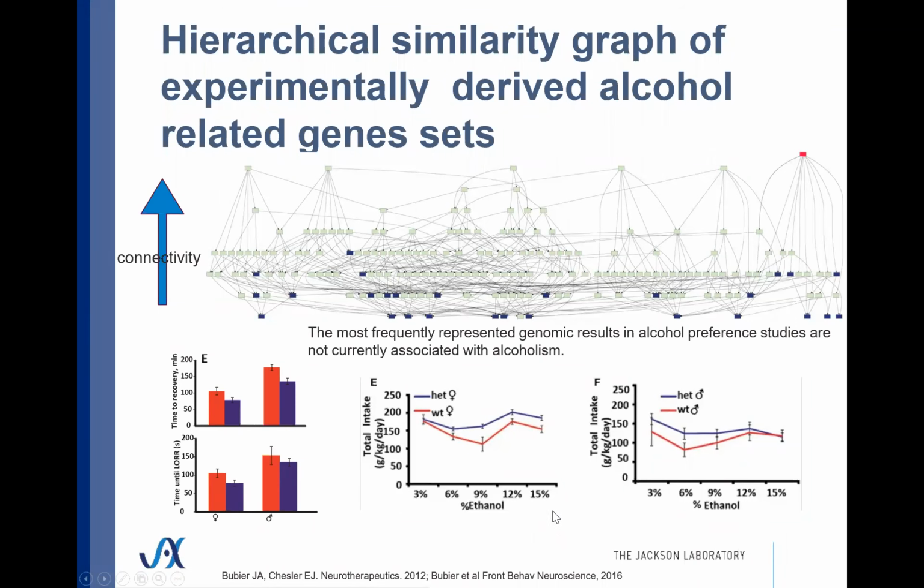And this is PAFAH1B1, the lissencephaly gene. But one of the things that we did when we did this analysis is we said, okay, there's convergent evidence. This came from some of our early work. There's convergent evidence for a lot of genes in the genome. They're always coming up on microarray experiments. They're always coming up in these mutant screens.